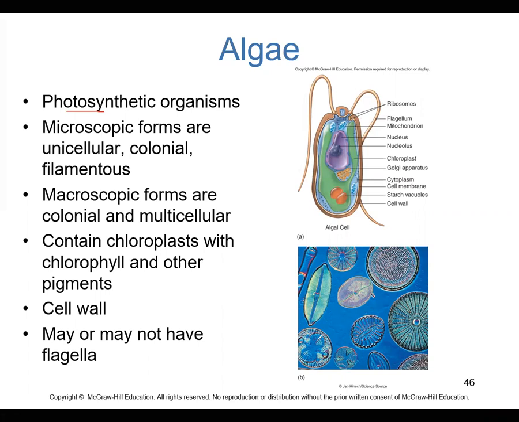So it's basically a glass shell. And all of these are going to have a cell wall depending on what it's made of. And some have flagella, some do not. But they do contain the chloroplast and the chlorophyll. They have other colors besides just green chloroplast. And that's how you get different colors of your algae.